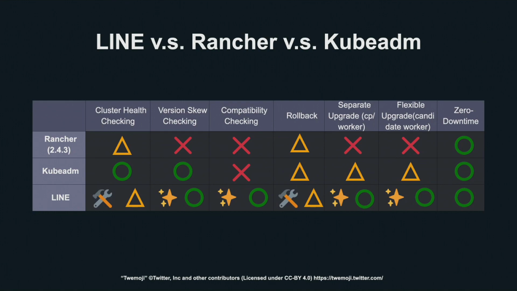Our upgrade solution supports all desired features. The hammer emoji in this slide indicates we improved Rancher's existing logic, and the sparkles indicate completely new features we introduced to our customized Rancher.